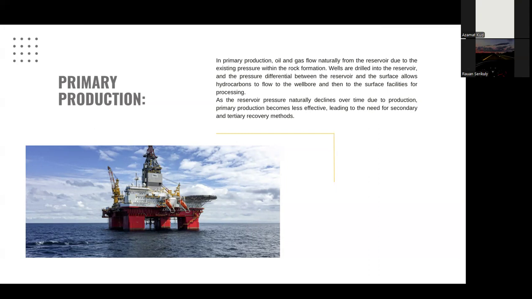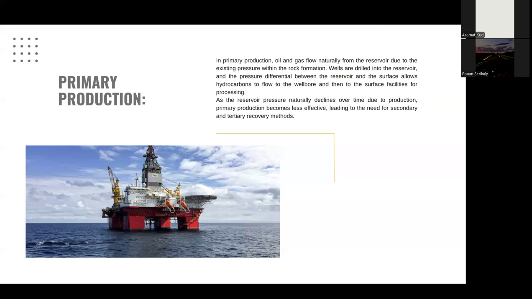And as the reservoir pressure naturally declines over time due to the production, the primary production becomes less effective, leading to the need for secondary and other recovery methods.